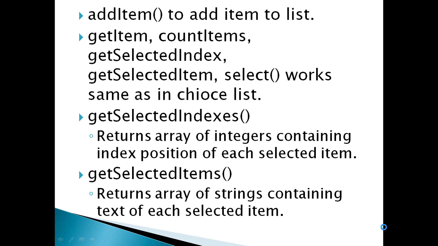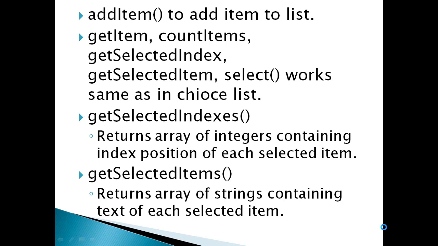Next method is getSelectedIndexes. Suppose the list is a multi-select and we have selected a number of items and we want those items' indexes, then an array of the indexes will be returned, and for that the getSelectedIndexes method is there. It returns an array of integers containing the index position of each selected item.